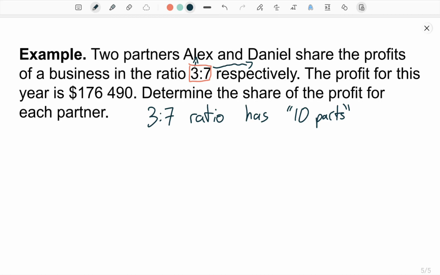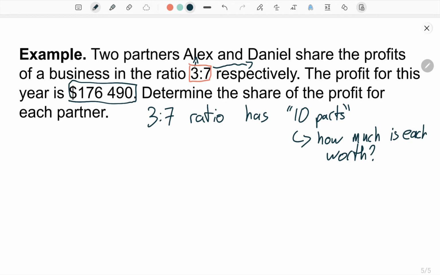All right, and so these parts are being divided and split up between Alex and Daniel. 3 to Alex, Daniel gets 7. But we need to know how much each is worth. So to split up the profit to see what each person gets, we need to use this profit and divide it by those 10 parts, and then give those parts to the person that it belongs to.